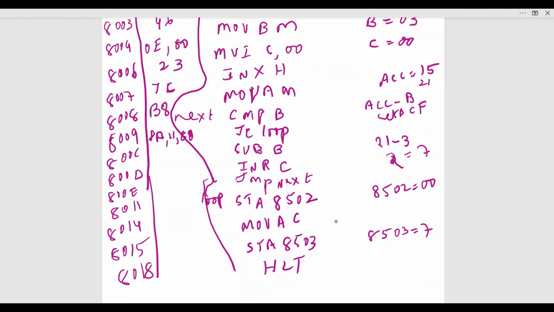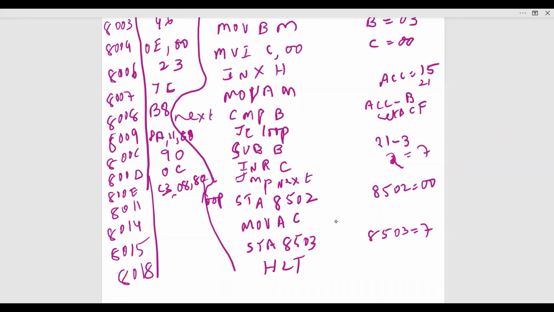Next is a single byte instruction SUB B. So its opcode is 90. And increment C is also a single byte instruction. Jump next, and then we have to give the address. So it's a 3-byte instruction for jump. The opcode is C3. And we are jumping to the next, that is 8011.